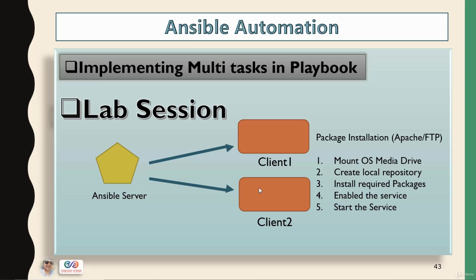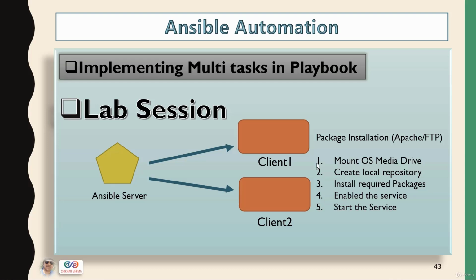When it is running, it is going to perform the tasks one by one. First it will try to mount this one, and second, third, fourth and fifth. Suppose on client 1, when it is trying to mount the OS media drive, it gets some error.